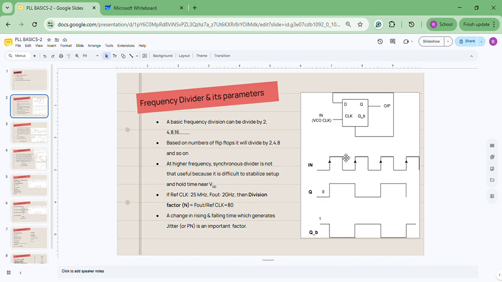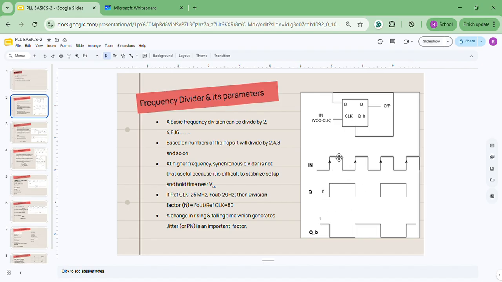How will we get this? Suppose an input clock is given to this D flip flop. Q bar will be 0 in that phase, and Q will be 1. It will stay 1 until it gets another positive edge.